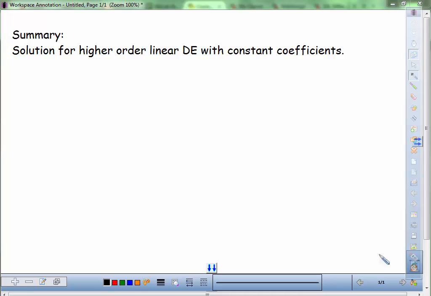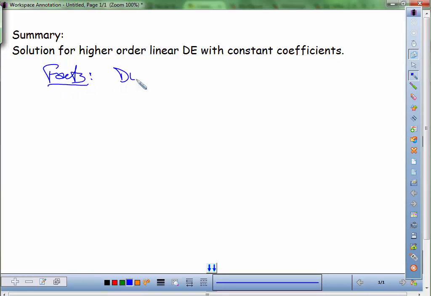So there are basic facts that are involved here, right? Your differential equation will have a solution that looks like this: y is equal to e to the mx.